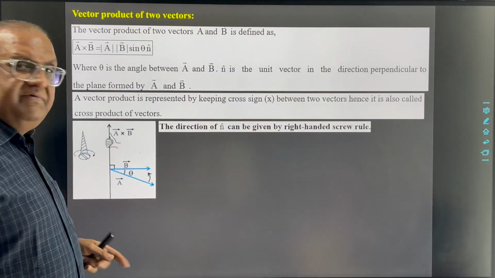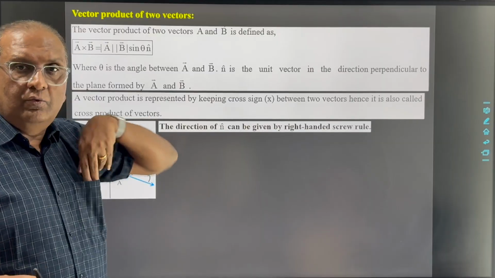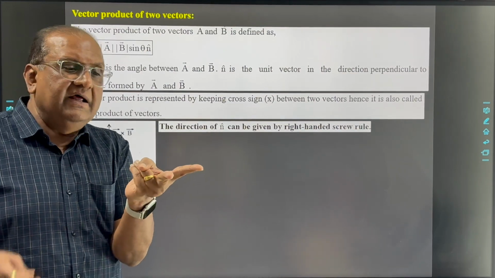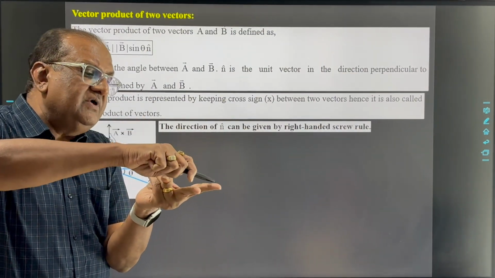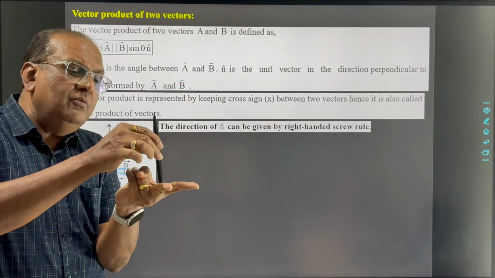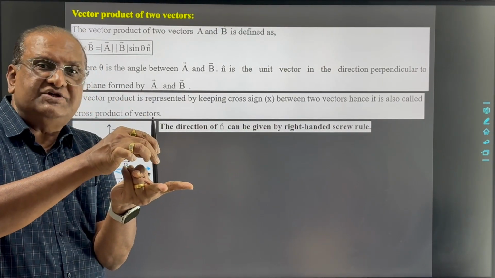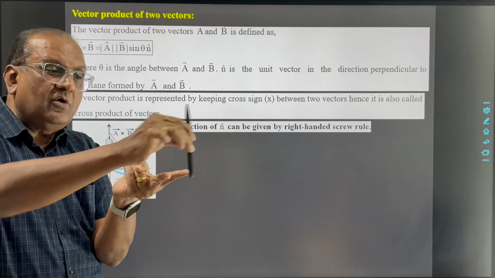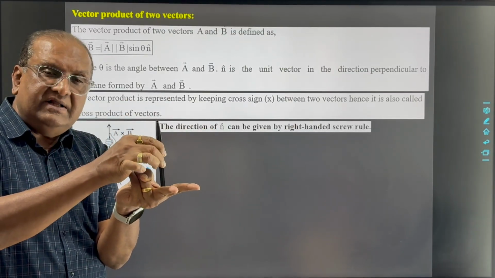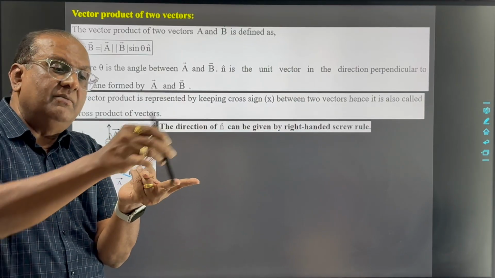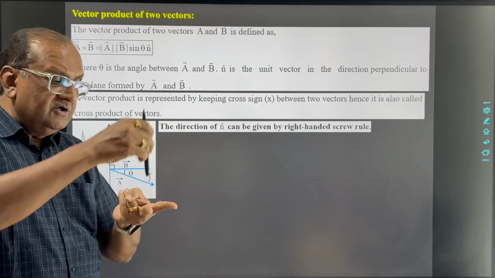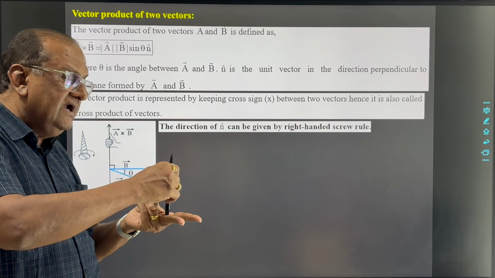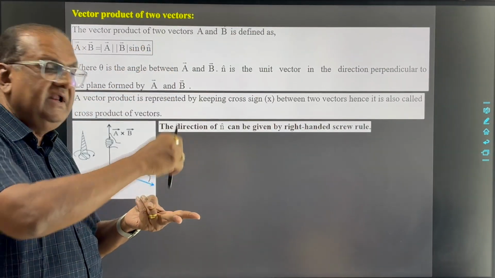What we have to do is place a right hand screw perpendicular to both A and B. Suppose this one is vector A and this one is vector B. Now we want A cross B. So we have to rotate this right handed screw from A to B. When the right-handed screw is rotated anti-clockwise, it comes out, so it moves in the upward direction.